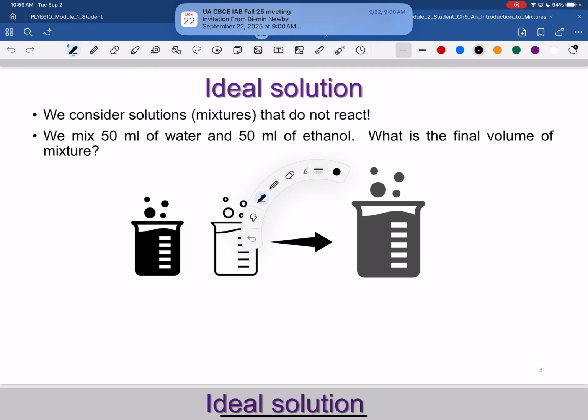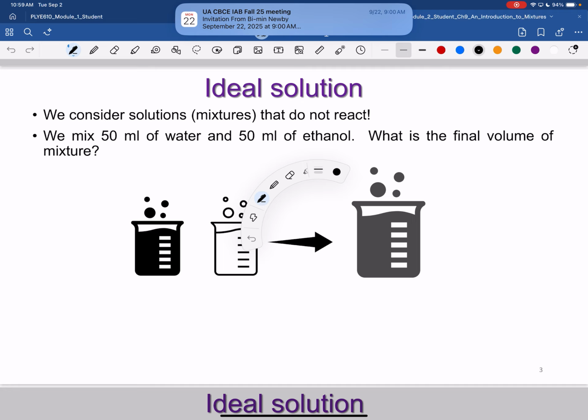True. Well, let's say there is no evaporation. Closed system, no evaporation. You ensure that all of them are in the liquid state. All right, so what really happens here is that your mixture volume will be less than 100 milliliter. The reason is, yes, the interaction and the size of these molecules.